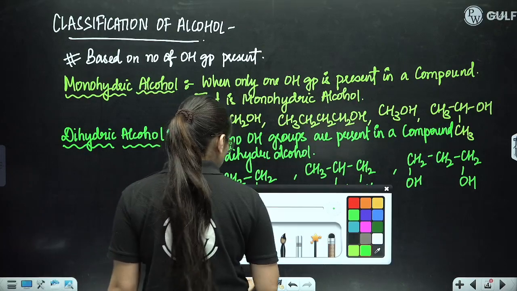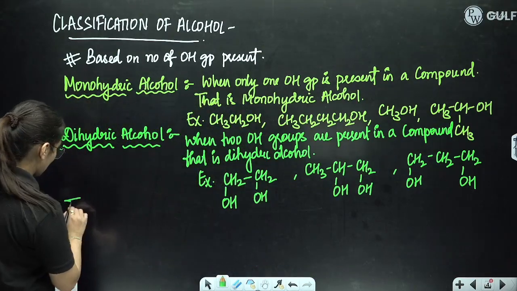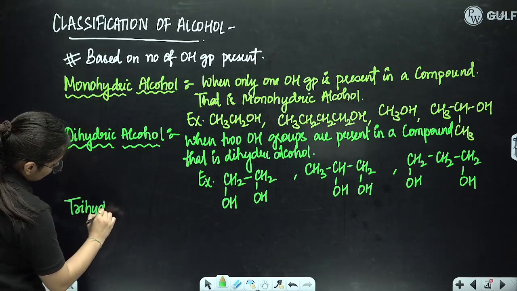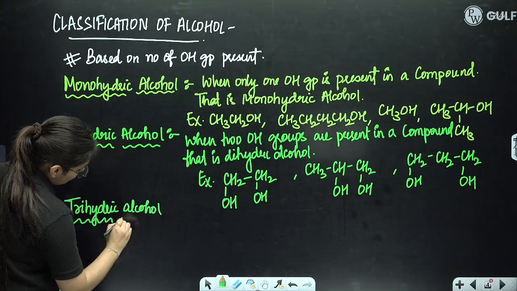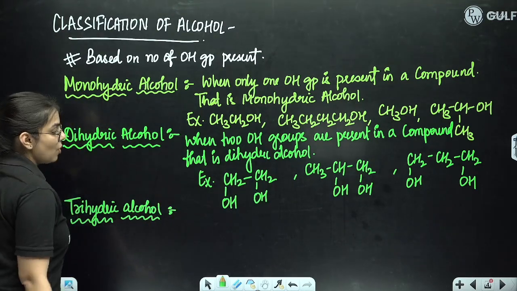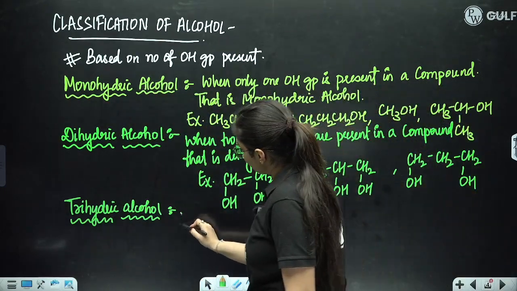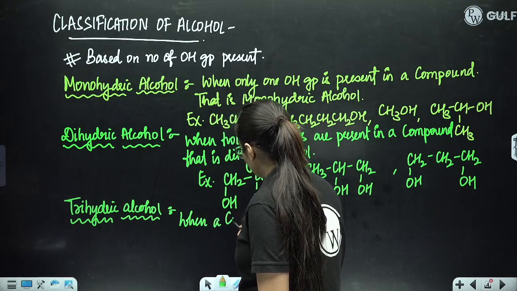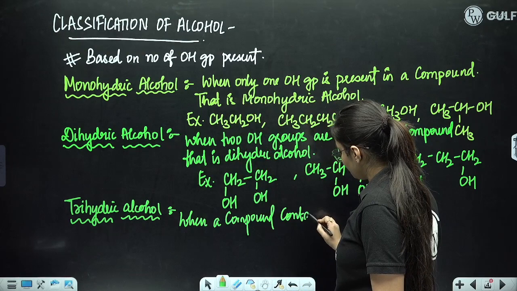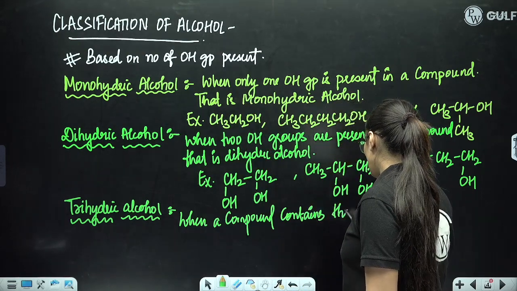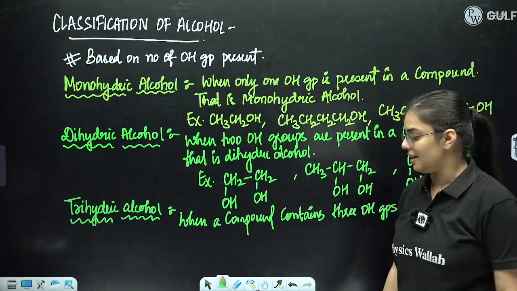Right? Now, trihydric alcohol is the third category. It is trihydric alcohol. What is a trihydric alcohol? When three OH groups are present, when a compound contains three OH groups, that is a trihydric alcohol.